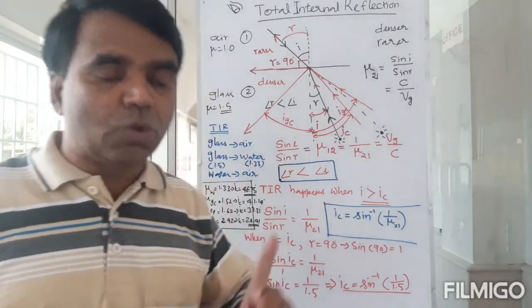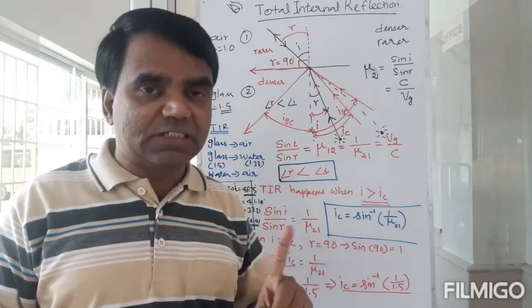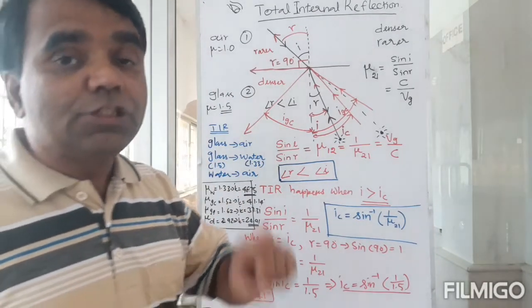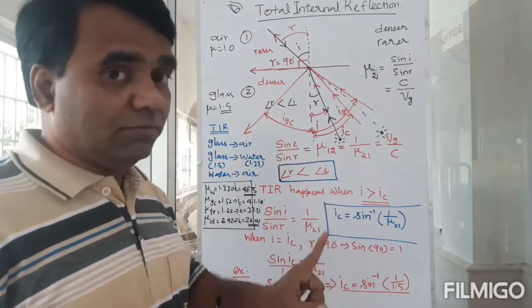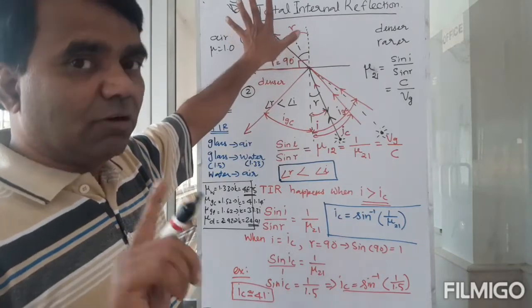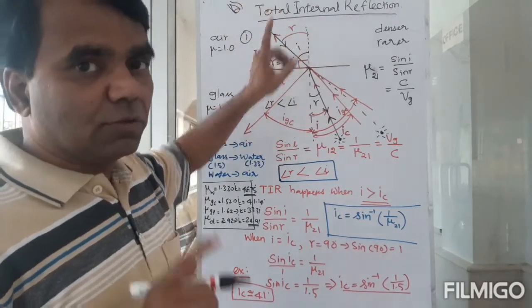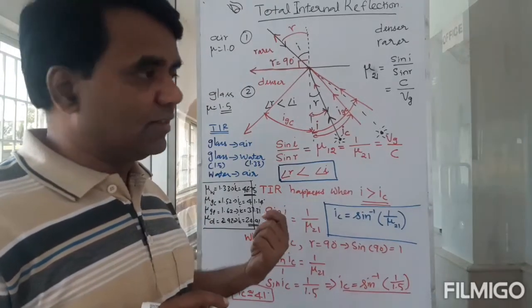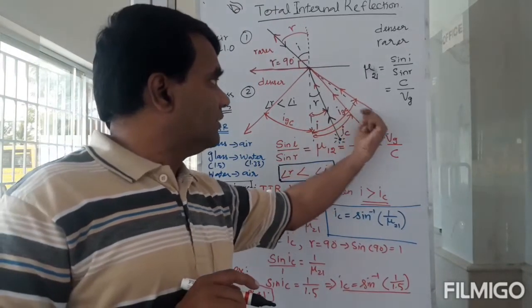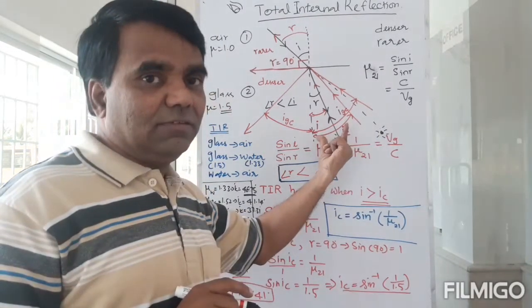So for total internal reflection to take place, two conditions have to be met. The first condition is that light should travel from a denser medium to a rarer medium, not the other way around. That is condition one. Second, the angle of incidence must be greater than the critical angle.